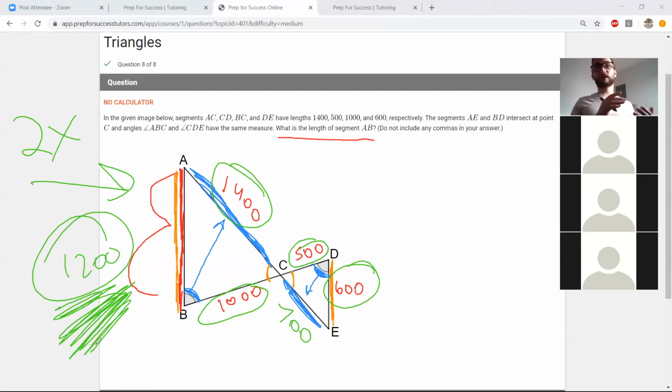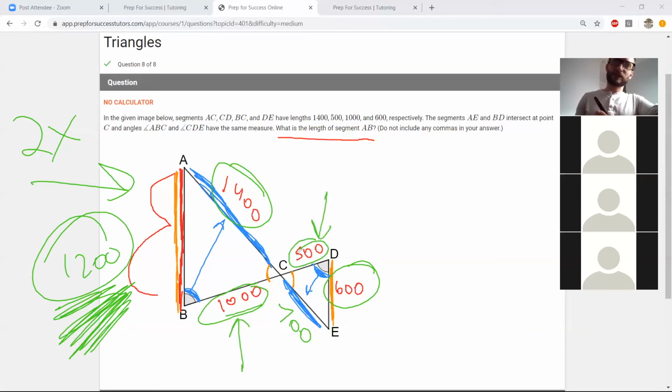Okay? So you have to recognize, match up the sides. The triangle on the left is twice as big as the triangle on the right. So we know that one has to be 1200. Okay, any questions, issues, or concerns on that? How do we know it's double the size? Because this number right here is 500 and this one is 1000.